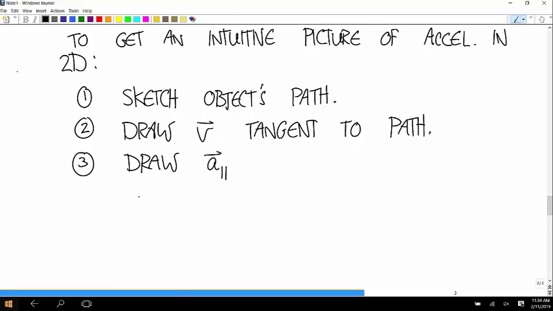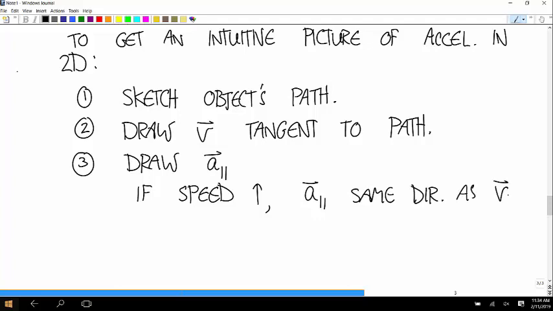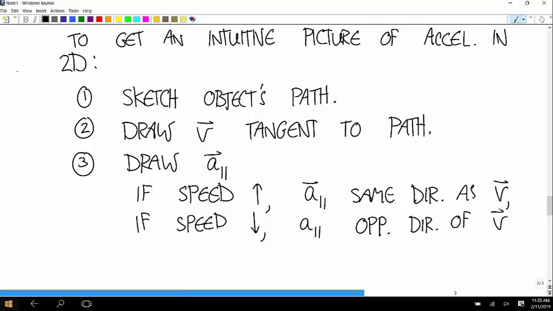And the way you do that is if the speed is increasing, then a parallel is in the same direction as the velocity. And if the speed is decreasing, a parallel is the opposite direction, v.